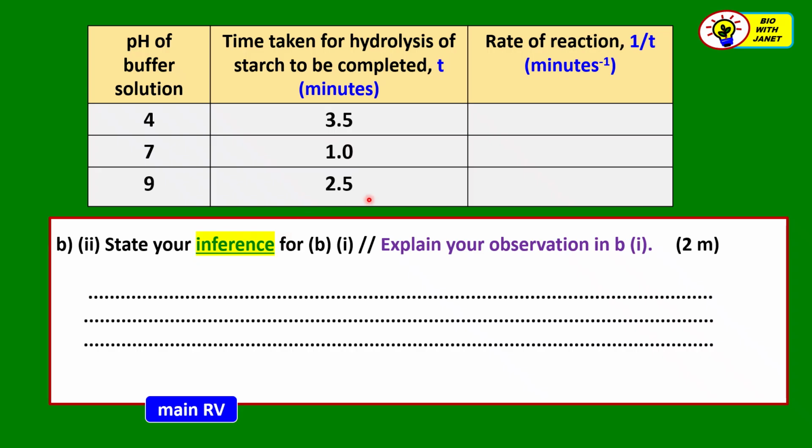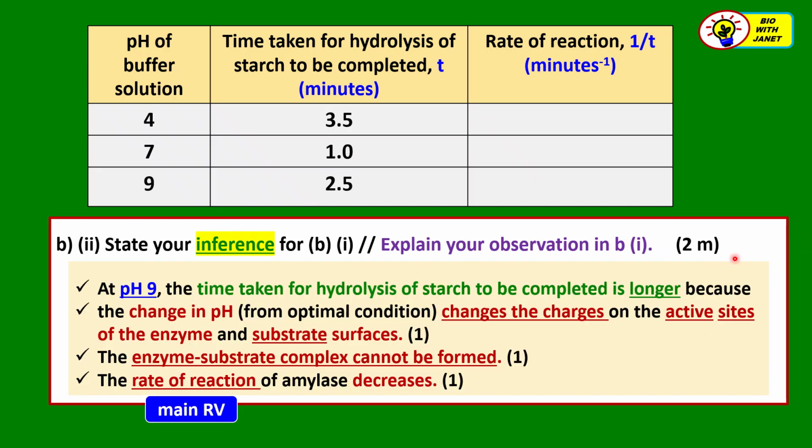You start off by stating whether the value here, the time, is long or short. After that you have to relate it to the rate of reaction, which is your main RV. So from sub-RV to main RV, and how does the MV affect the RV? So we start off by mentioning the time, whether it's long or short.